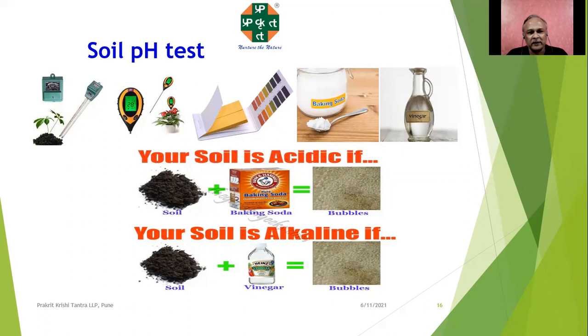Certain plants prefer an acidic medium, certain plants prefer an alkaline medium, but this is the range in which all plants can survive well. But there are certain exceptions which require a more acidic medium, or other exceptions which require a more alkaline medium for proper growth.